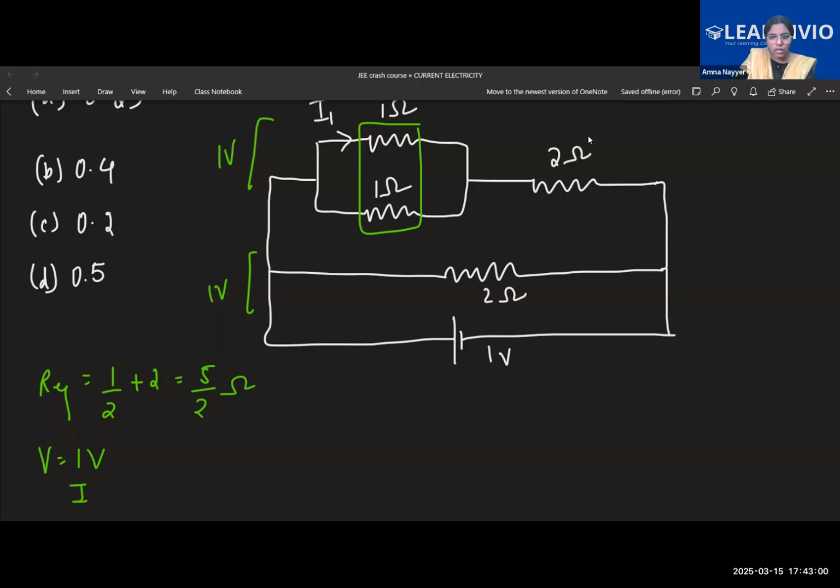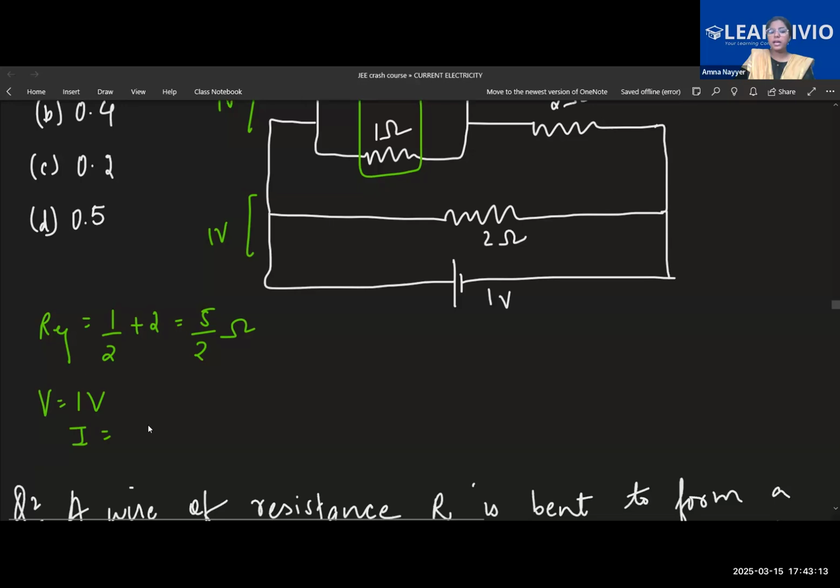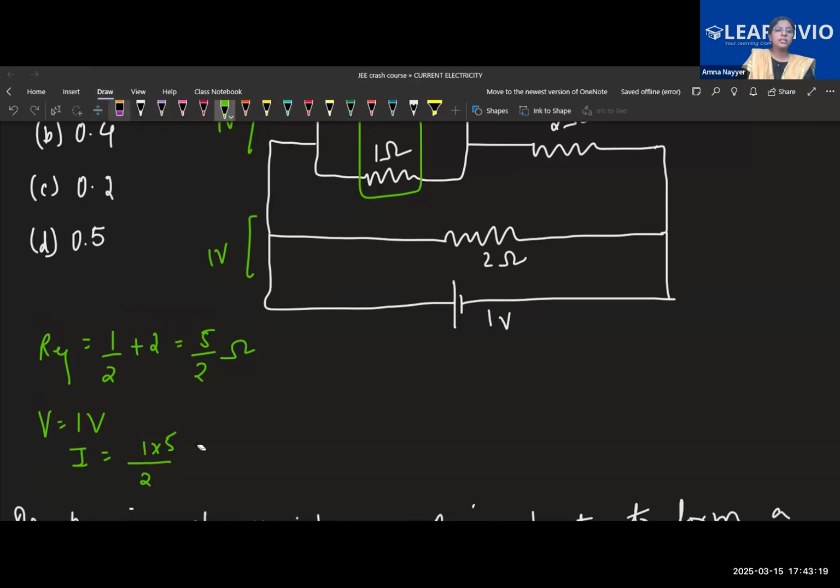Total current means total current throughout this, right? So I can use V is equal to IR. I will be equal to V by R. That is 1 by 5 by 2, and the 5 and 2 will flip.